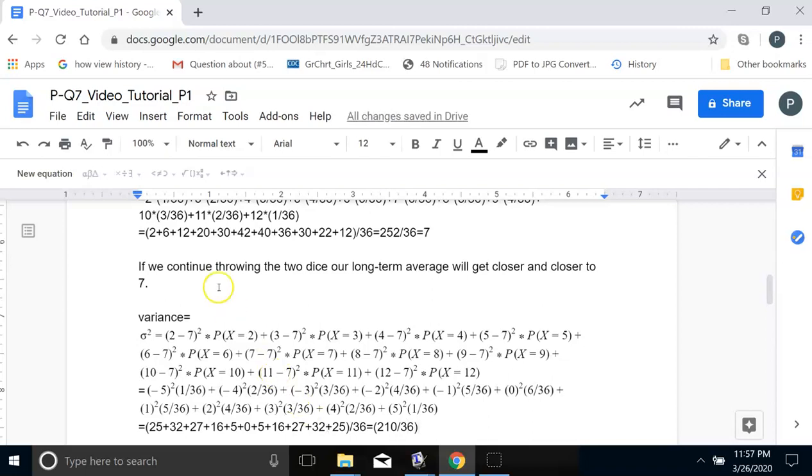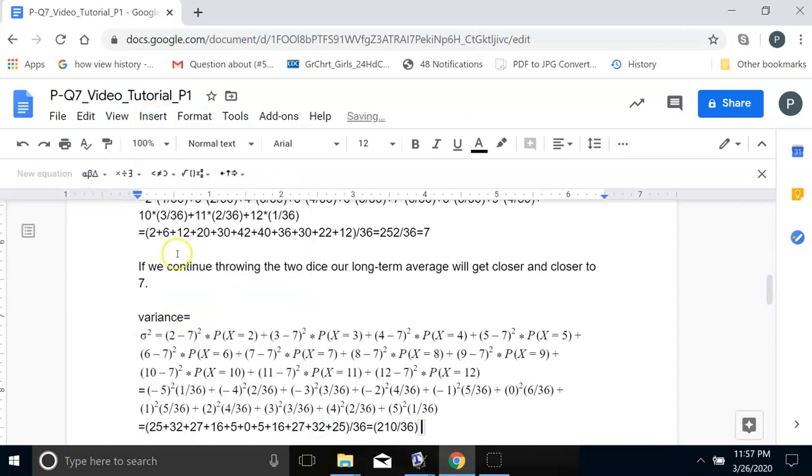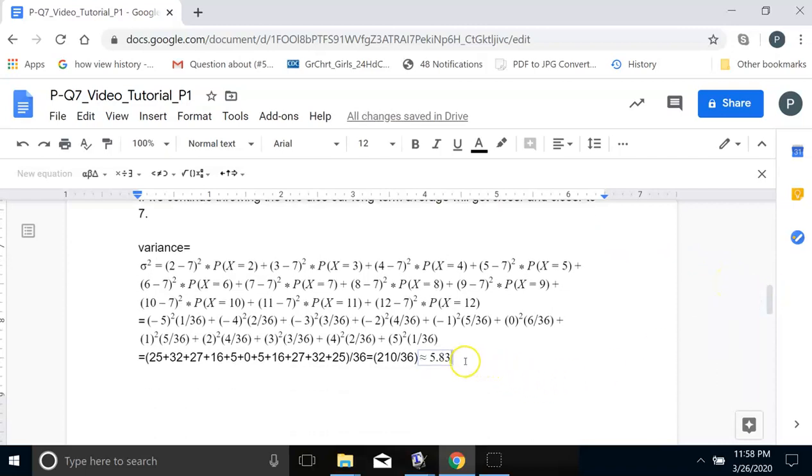If you work that out, it's roughly equal to 5.83. So that's the variance.